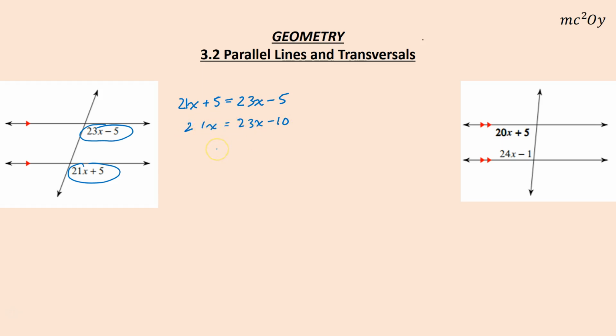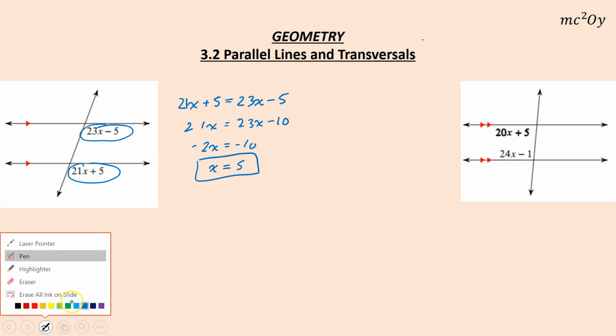Move my 21x over, I get negative 2x equals negative 10, so x equals 5. Plugging that 5 in, 23 times 5 is 115, minus 5 is 110, and 21 times 5 is 105, plus 5 is 110. So 110 equals 110, we're good to go there.